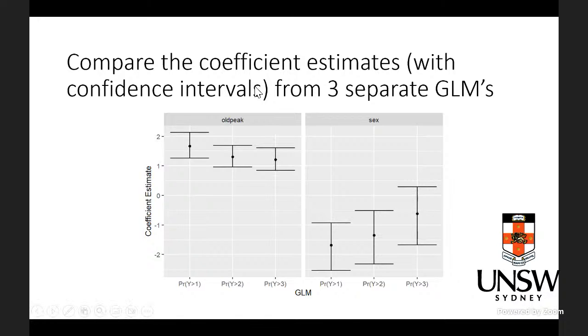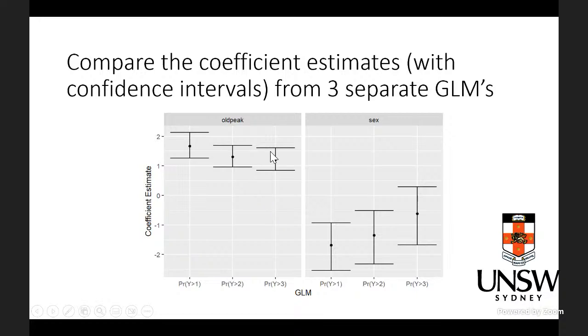I've done this on my coronary artery disease data. And these are the 3 coefficients I got for old peak when I split the data at each of the 3 cut points, and the 3 coefficients for sex. And I added the confidence intervals on because they are also estimates from a GLM.